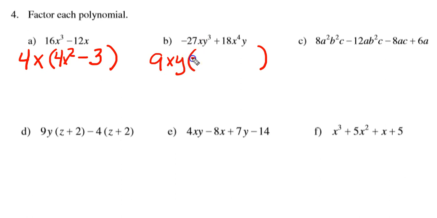So this will be a negative y squared. Just checking that over. Yep, that looks good. And this will be a positive 2x to the third. I've already taken out the y.